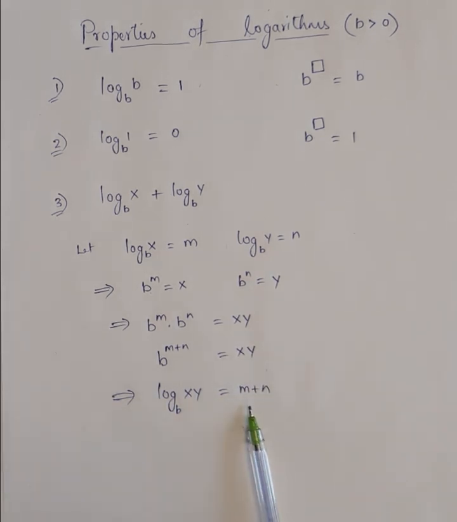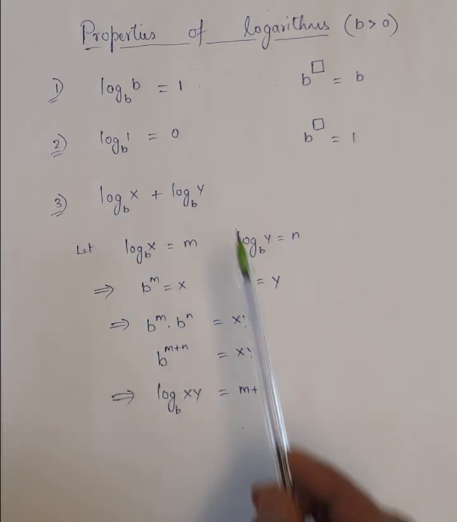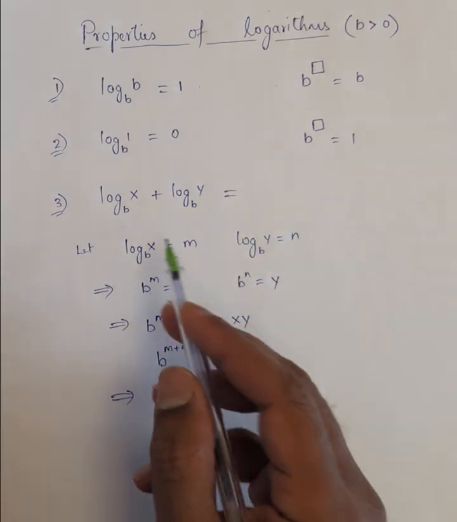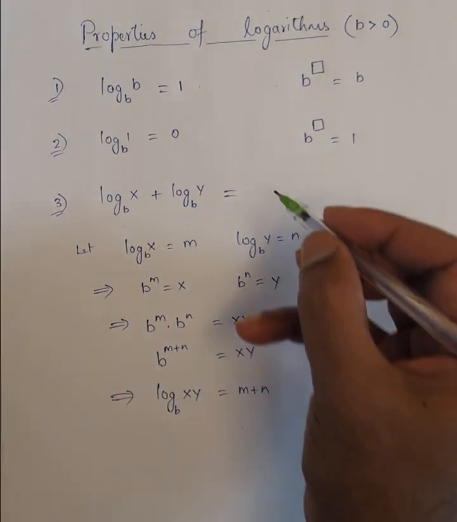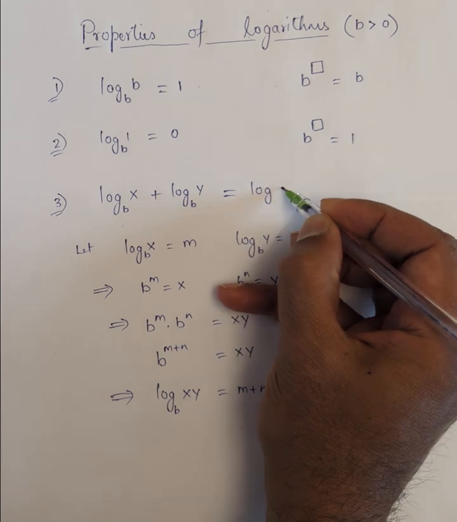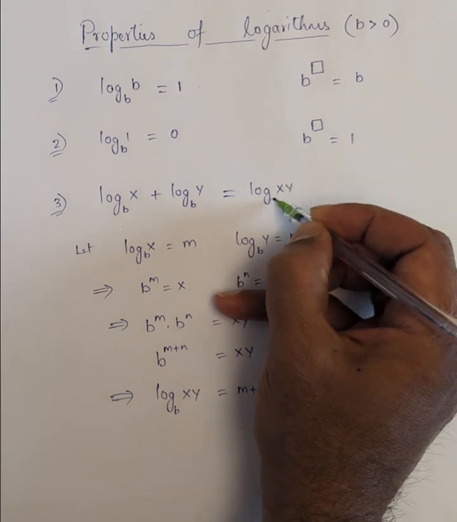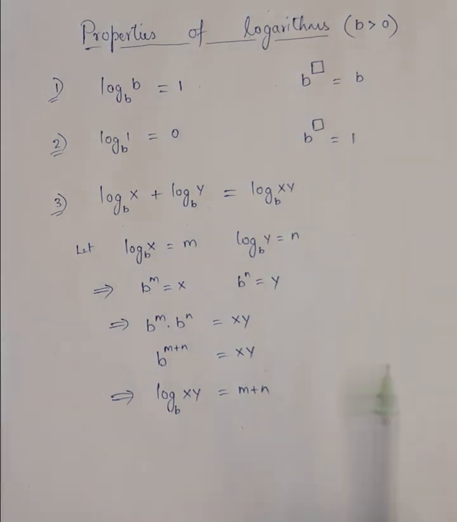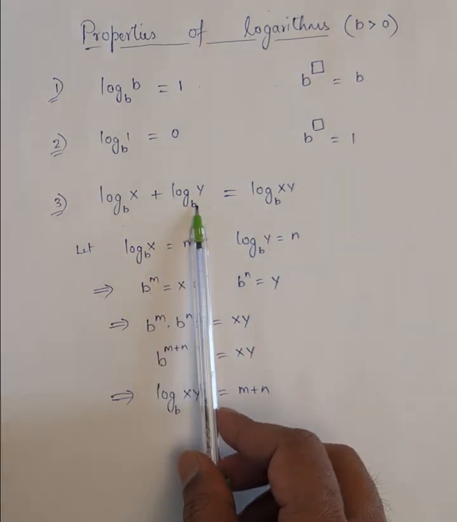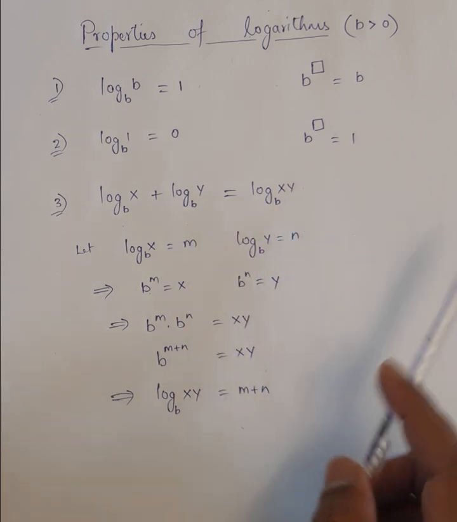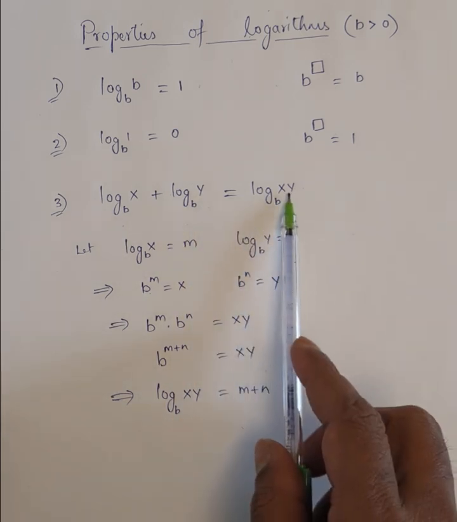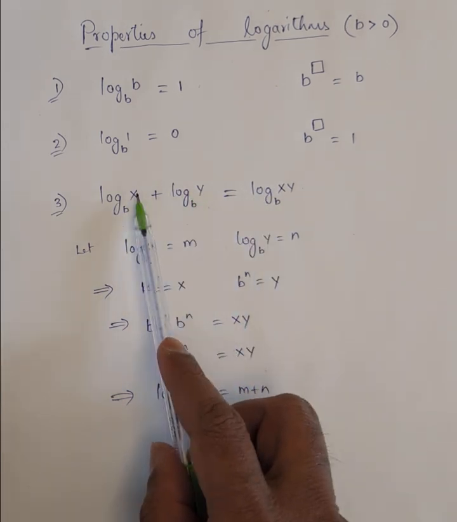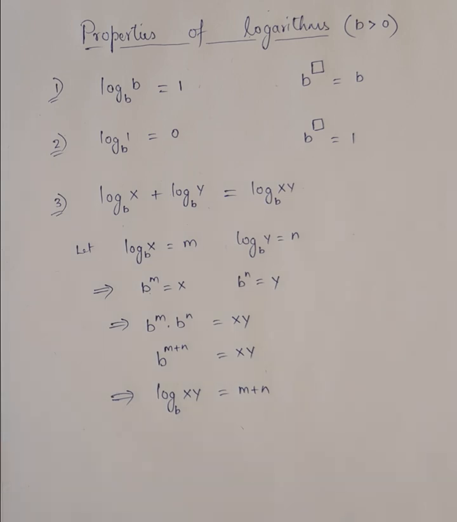So notice, m happens to be this, n happens to be that. So what I'm getting is log x plus log y is log xy to the same base b. So that's our third property. Logarithm of x plus logarithm of y is log of xy. When you combine two logarithms into a single logarithm, you want to multiply those quantities, x and y.